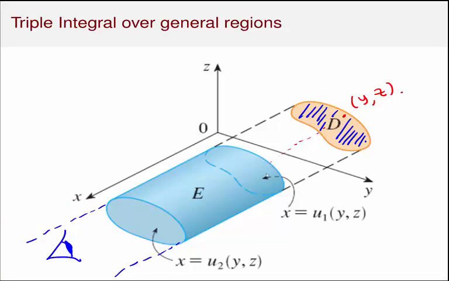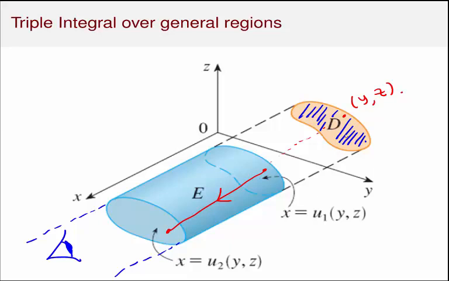there will be a corresponding arrow starting from the surface x equals U1 of YZ, going in the positive direction of x until it reaches the surface x equals U2 of YZ.